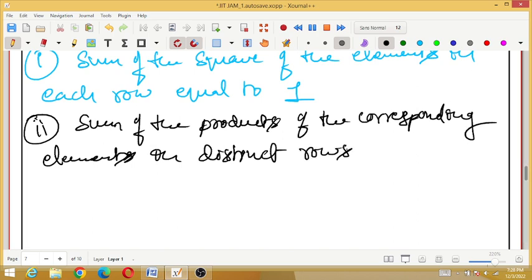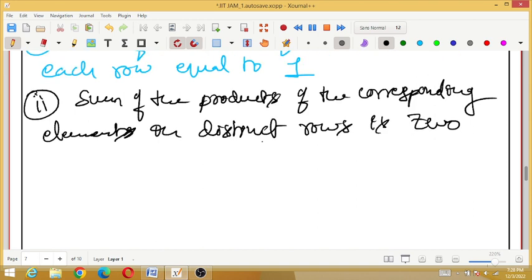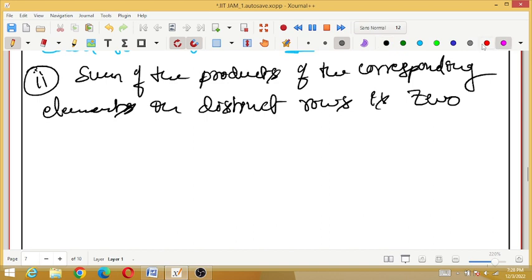I will give examples, not a problem. So sum of the product of corresponding elements in distinct rows, each row ಅಲ್ಲಿ ಎಲ್ಲ ಎಲಿಮೆಂಟ್ಸ್ ಪ್ರಾಡಕ್ಟ್ ಮಾಡಿದ್ರೆ, ಸೊ ದೆನ್ 0 ಬಂದಿದೆ ಅಂದರೆ ದೆನ್ ಯು ಸೇ ದಟ್ ಮ್ಯಾಟ್ರಿಕ್ಸ್ is said to be orthogonal.